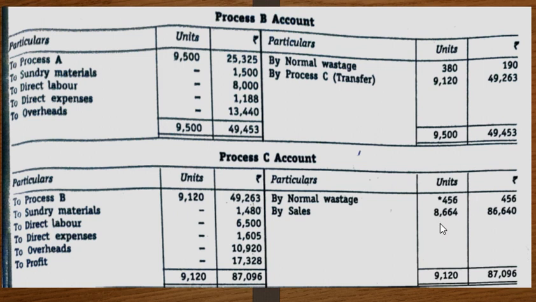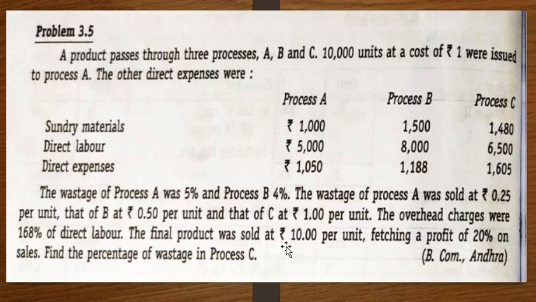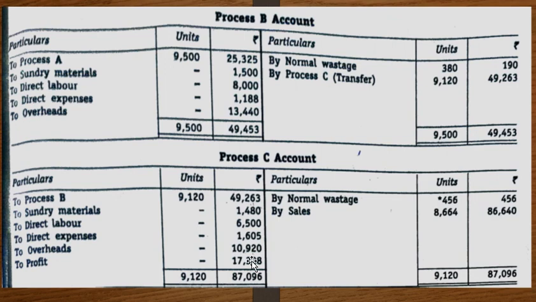They have given the sale value in the problem, which is rupees 10. The finished product was sold at rupees 10 per unit. So now the number of units produced, the balancing units, is 8,664 into 10, which will give you 86,640. So this is the balancing figure.